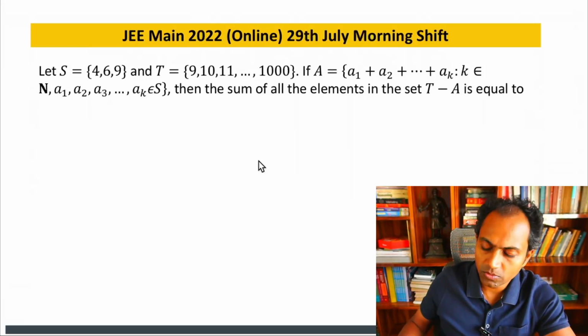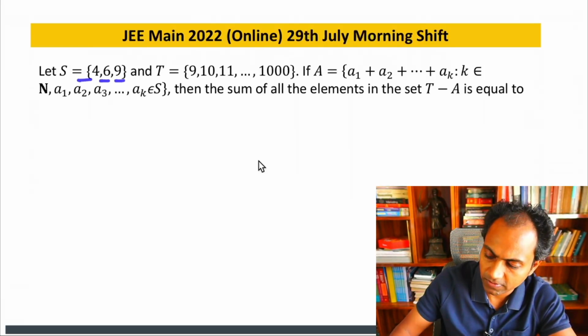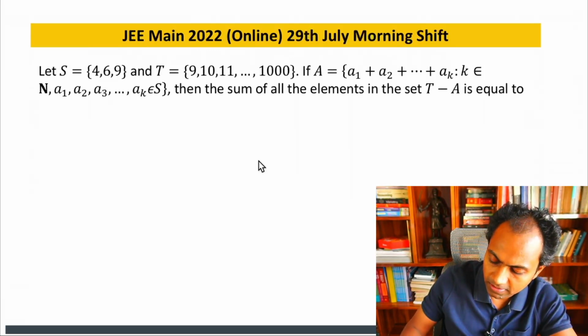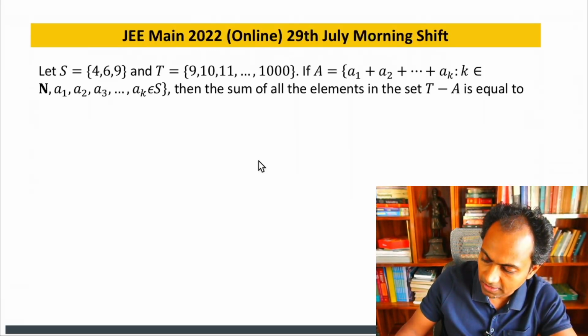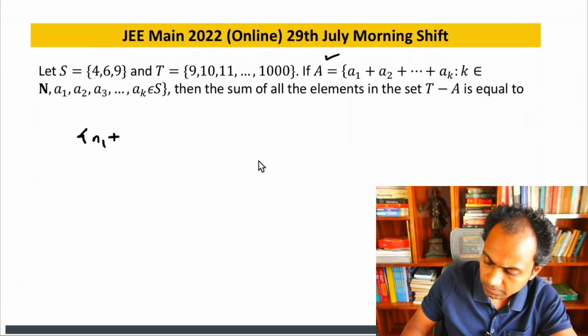See, now if you want to write set A, what is going to happen? Certain number of 4 will come, certain number of 6 will come, and certain number of 9 will come. And essentially when you have done that, any element corresponding to T that will come in A will always have this form. Let us say 4 came n1 times, 6 will come n2 times, and then 9 will come n3 times.